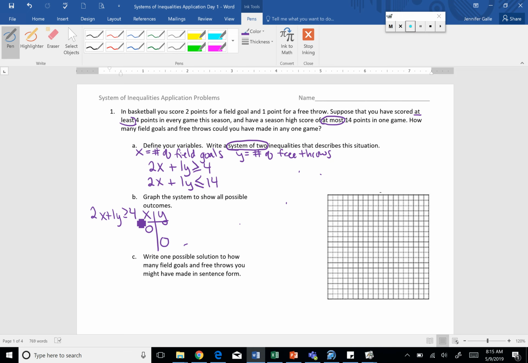So if we put a 0 in for x, what's our y going to be? 4, yeah, y is going to be 4. And then if we put a 0 in for y, x is going to be 2.